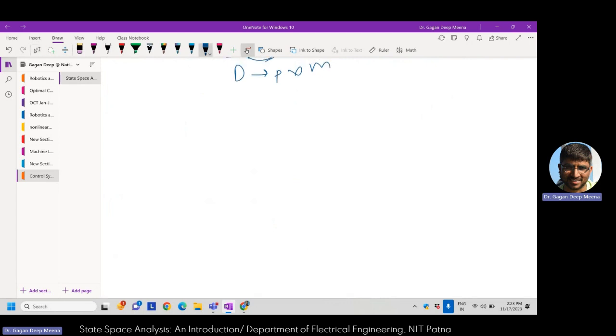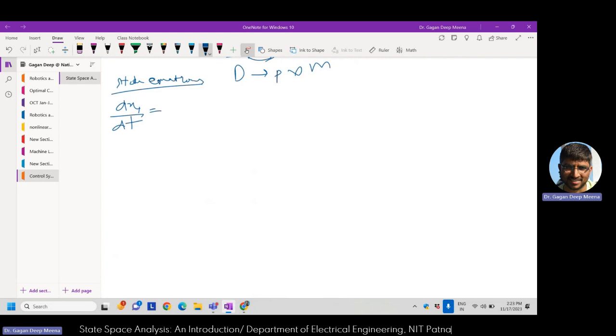Now let's see how it looks in the form of equations. If I want to write the state equations, I can write them in the first order differential equation form, which is dx1 by dt.